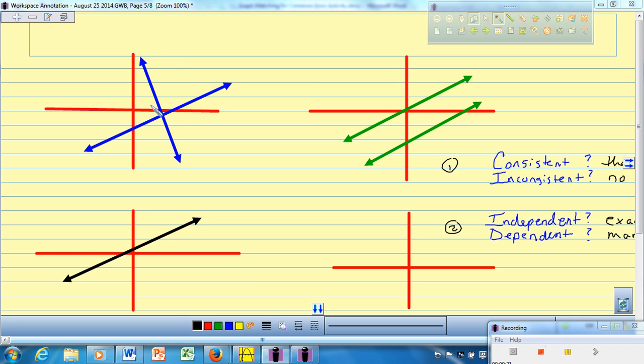So, is there a solution to this number 1? There is a solution. So we would say it is consistent. And are there many intersections or just one? Just one. So it's independent. That first one, when they cross, ends up being consistent and independent.